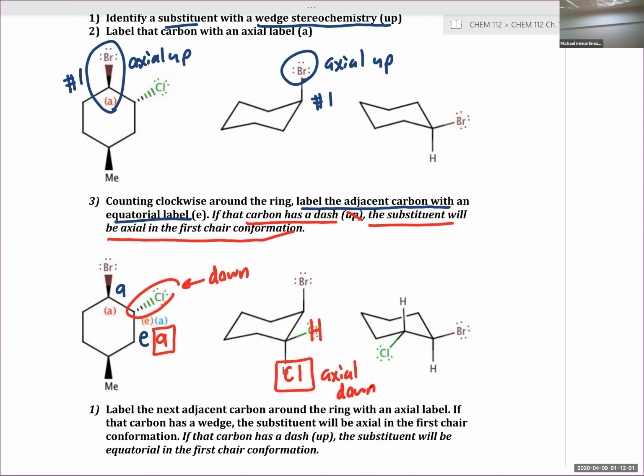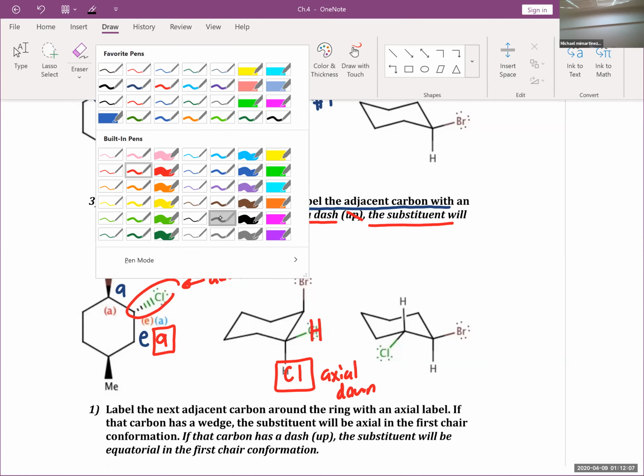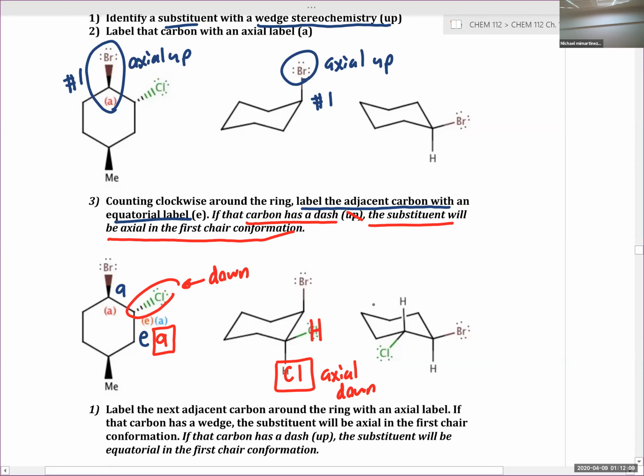So then, let's keep going from here. Let's now do a quick chair flip. So our bromine is axial pointing up.